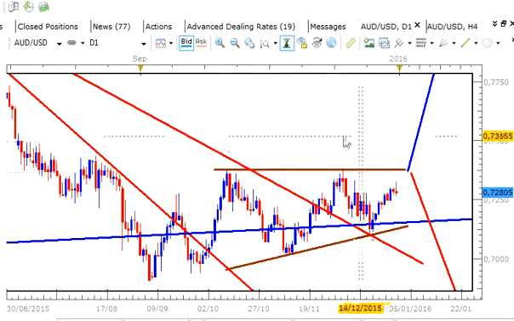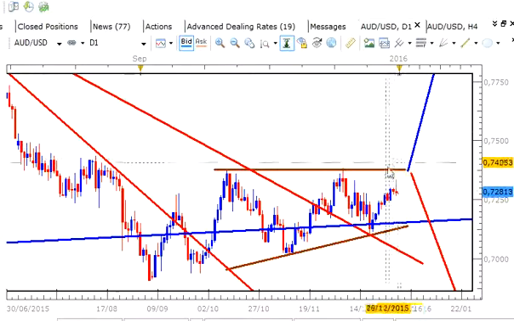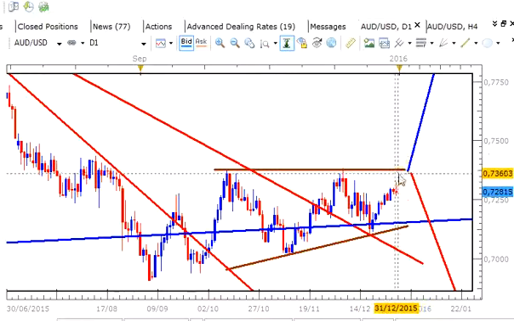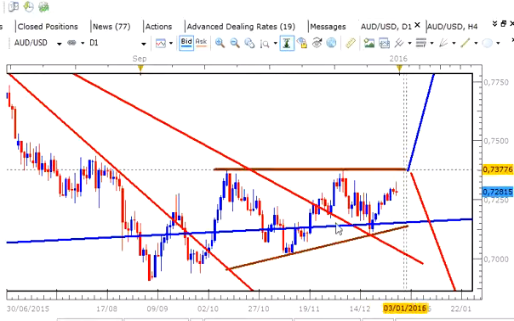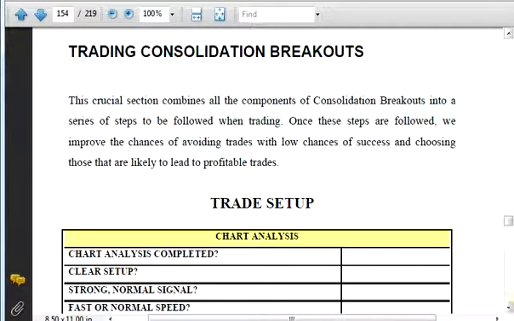So what we see here is going to determine whether or not we can trade it, and we'll have to analyze the market to determine that. That is going to be done using this chart analysis trade sheet.